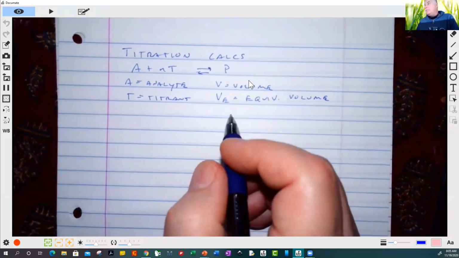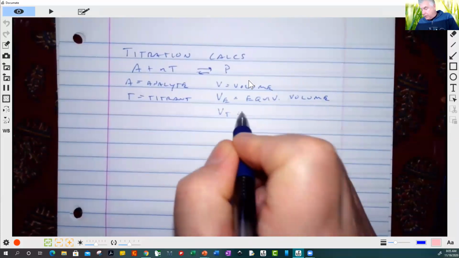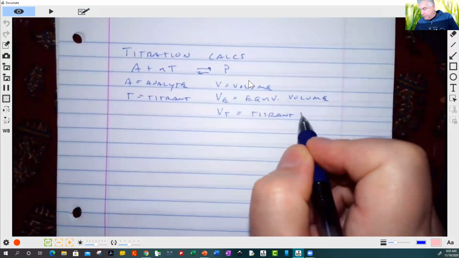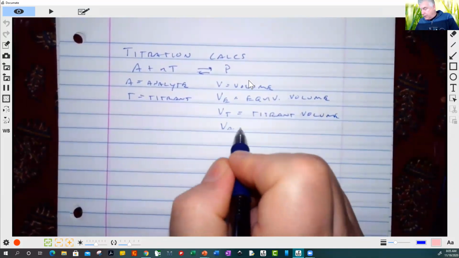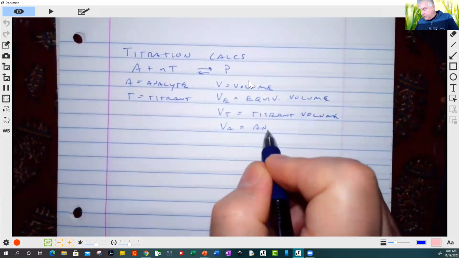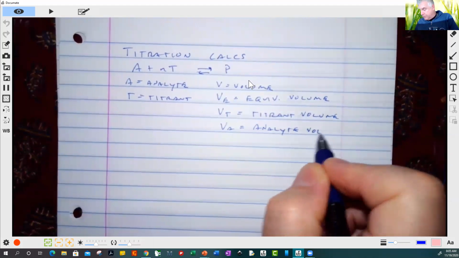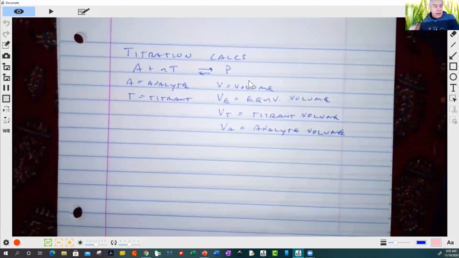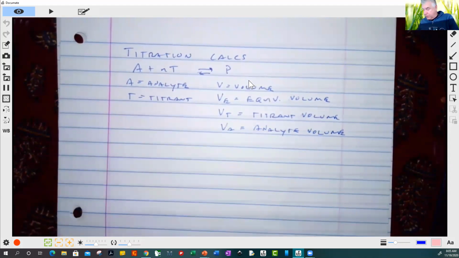VT is the titrant volume, and VA is the analyte volume.